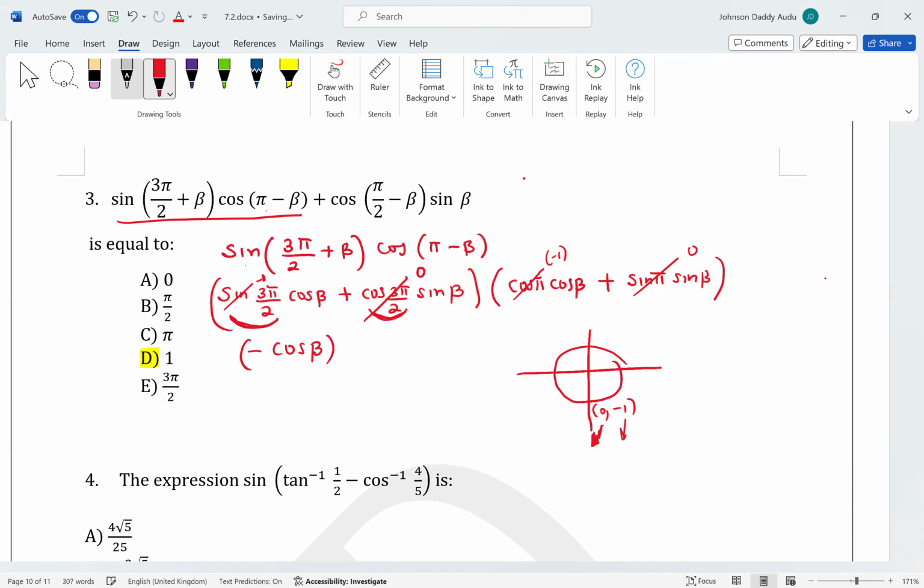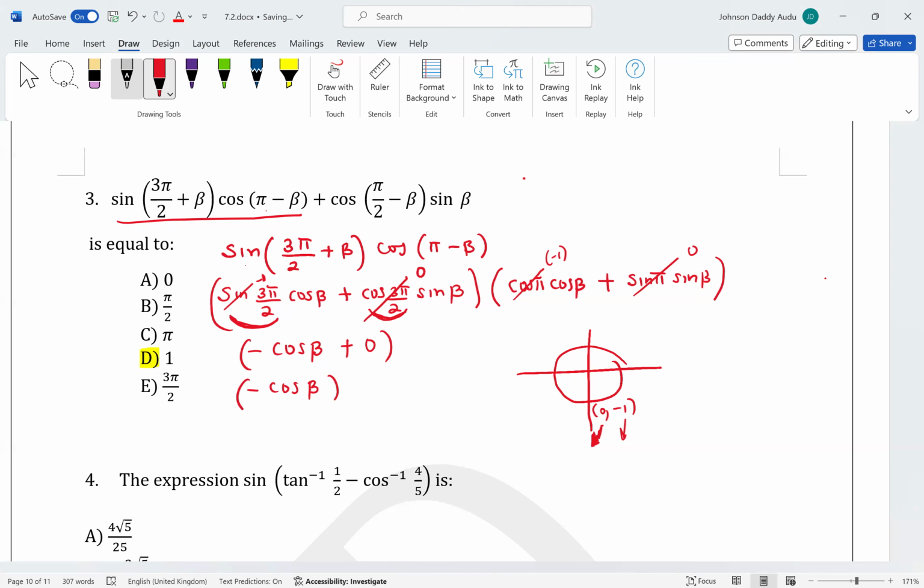In here, this goes to 0, so you don't have anything. So here you actually have this plus 0, which is just minus cosine beta. And what is coming from here?